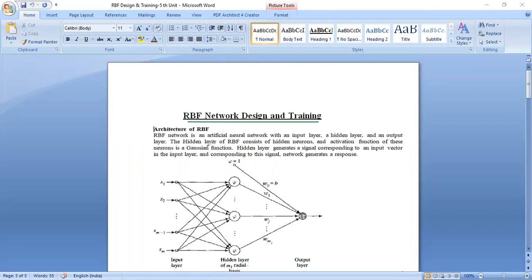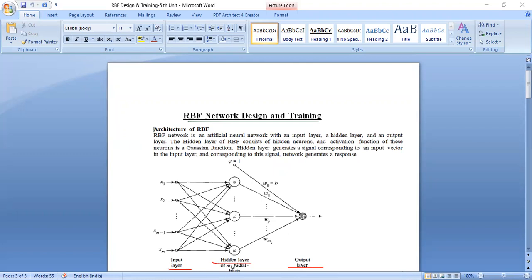RBF network is one of the artificial neural networks with three layers: the input layer, the hidden layer, and finally the output layer. This RBF network is also called a two-layer network. Why? Because the input layer is not considered.